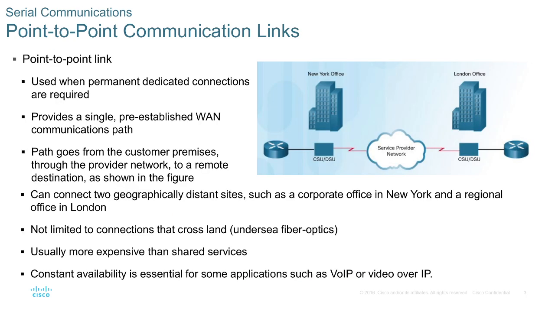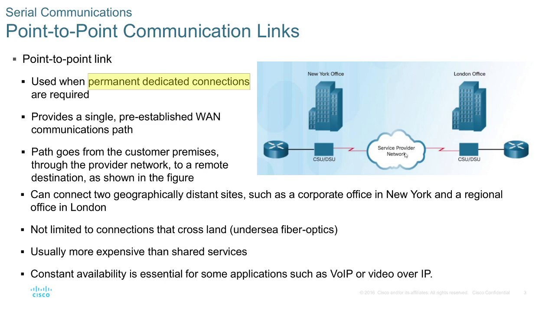So if we look a bit further at these point-to-point links, we will use them when we want some form of dedicated connections. If our requirement is having permanent dedicated connections, we will go for point-to-point communication links.